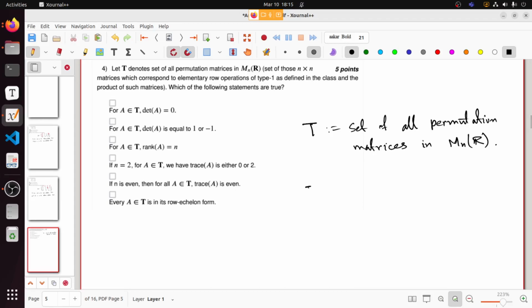Suppose this is I_n, 1 0 0 0, 0 1 0 0, and so on, everything else 0 and 1 at the end. So this belongs to T.